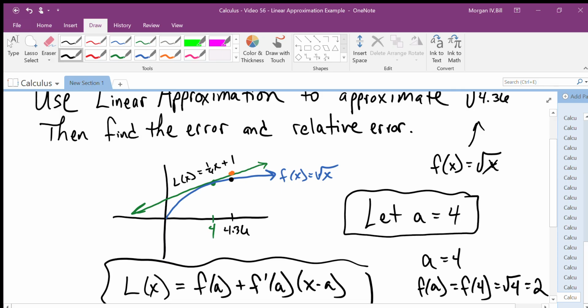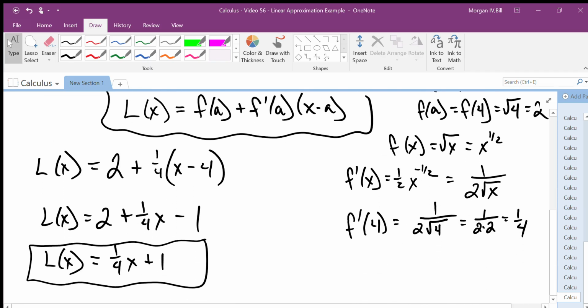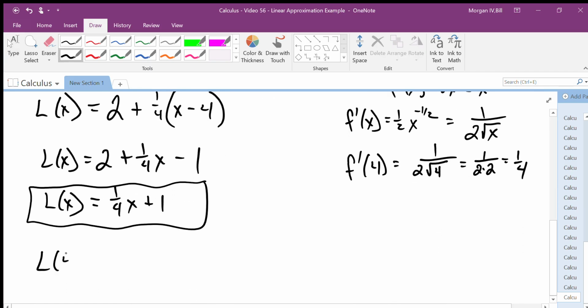We're going to use that equation of the line to approximate this point here, this f of x, the square root of 4.36. We're going to plug 4.36 into my linear equation. That will give us the value of the orange dot there, the y value of the orange dot, L of 4.36. Okay, so L of 4.36, using the line to approximate the curve at 4.36, is 1/4 times 4.36 plus 1.